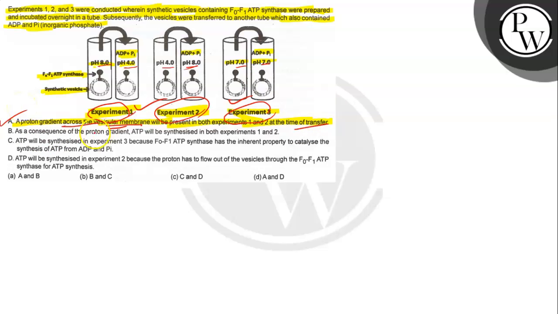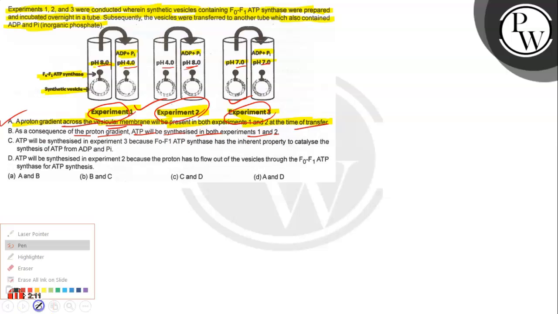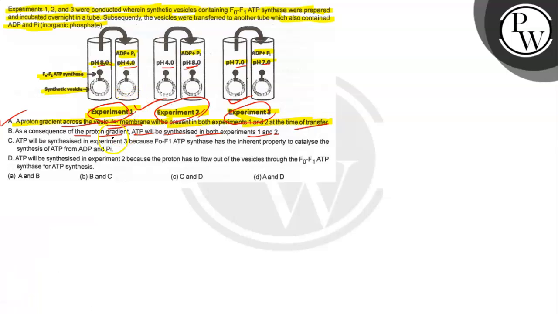Explaining. Then B is given that as a consequence of the proton gradient, ATP will be synthesized in both experiment 1 and 2. So let's see. That means the proton gradient will synthesize ATP. In all these experiments, in the second tube, ADP and Pi are present in all the tubes.